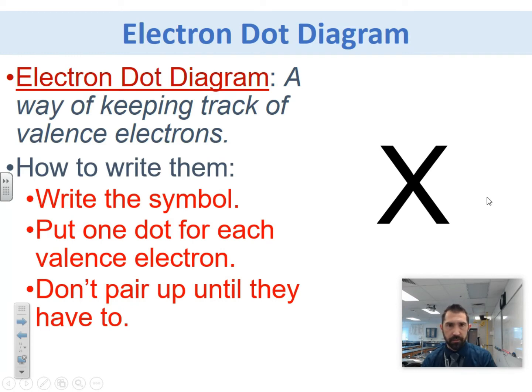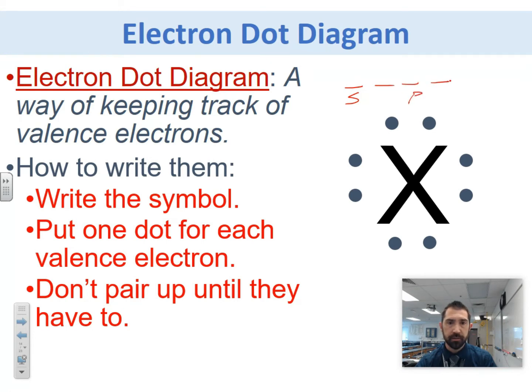Let's say that this X element has 8 valence electrons. So this is how we would organize them. And I think if you're following along, you'll notice a connection. Remember that the max amount of valence electrons you'll ever have is 8. And remember, they're coming from an S, which only has 1 orbital. And they're coming from P, which has 3 orbitals.